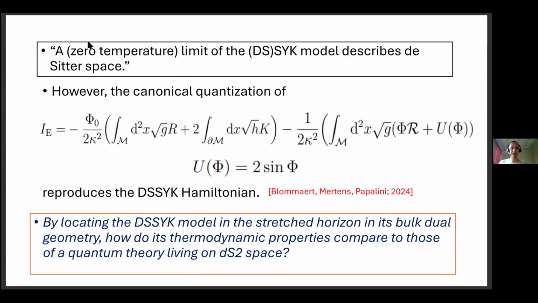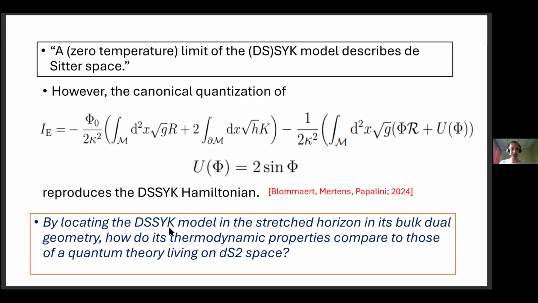The other part of the conjecture is that the zero-temperature limit of the double-scaled SYK model describes dS space. So this is a very concrete proposal for non-AdS holography. But recently, it has been shown by this group, using canonical quantization methods, that you can exactly match the Hamiltonian of the auxiliary system of the double-scaled model from a sine-dilaton theory, a dilaton theory with a sine potential.